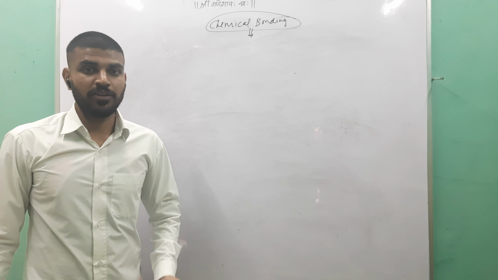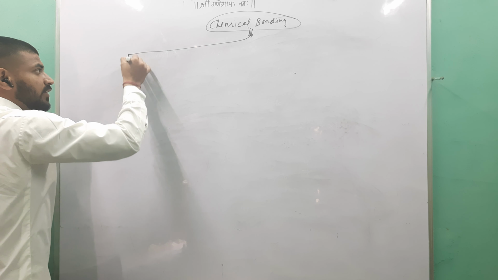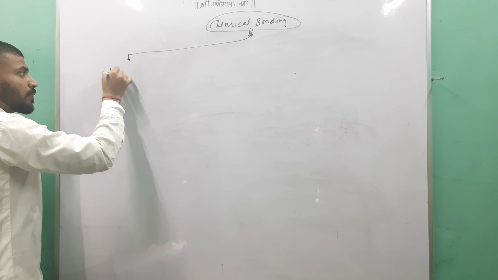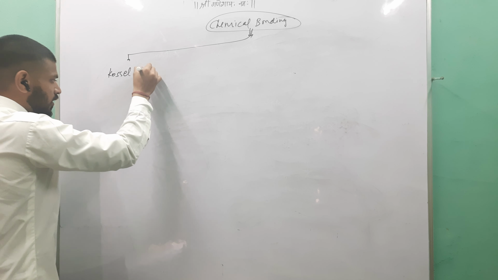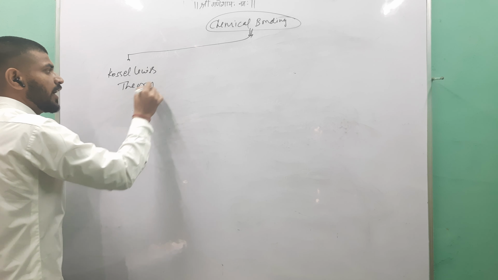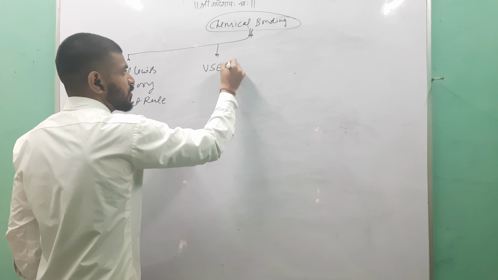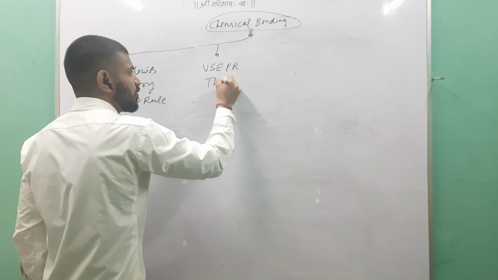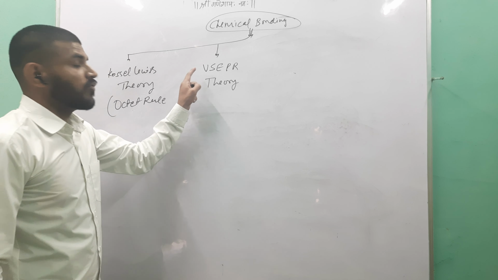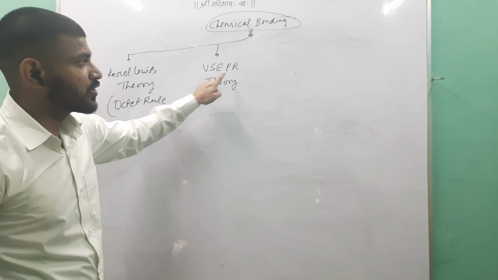To explain chemical bonding, we have different theories. First is the Kossel-Lewis theory, also known as the octet rule. Second is the Gillespie-Nyholm theory, known as valence shell electron pair repulsion theory.